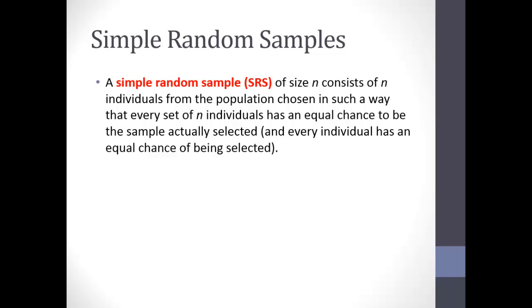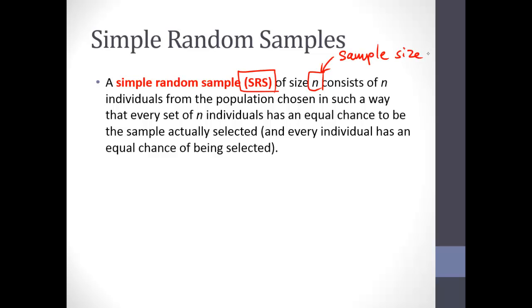So this leads us to our idea of how we do want to sample. This is our good way of sampling. This is called a simple random sample, and we'll often abbreviate it with the acronym SRS, simple random sample. My definition here is just that if I want a simple random sample of size n, so this will be our sample size.